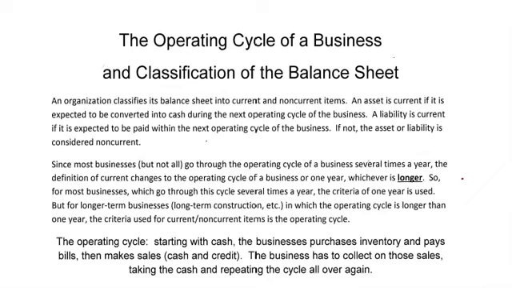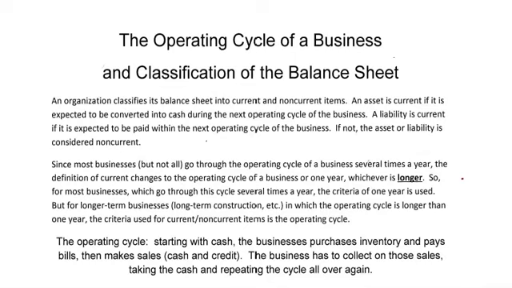Hi, everybody. Let's look at the operating cycle of the business and its importance in creating a classified balance sheet. A classified balance sheet is one where we have taken the assets and liabilities and made them either current or non-current.